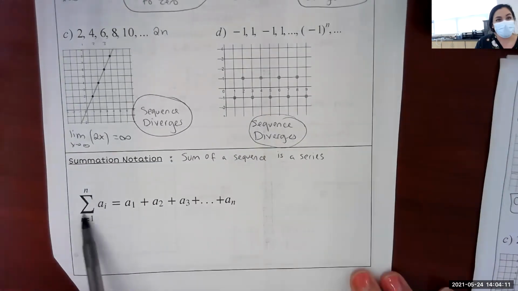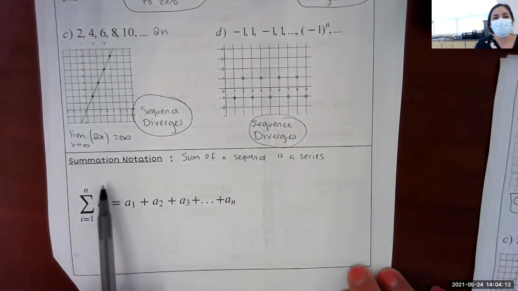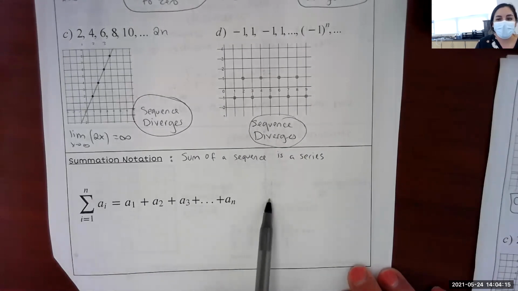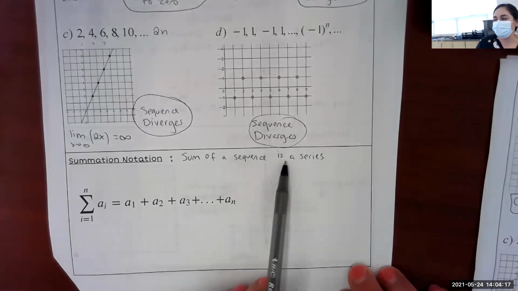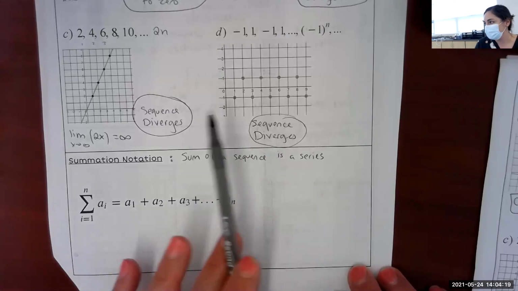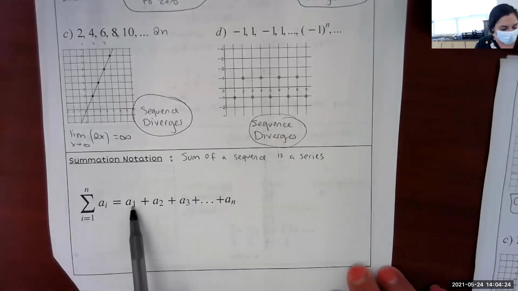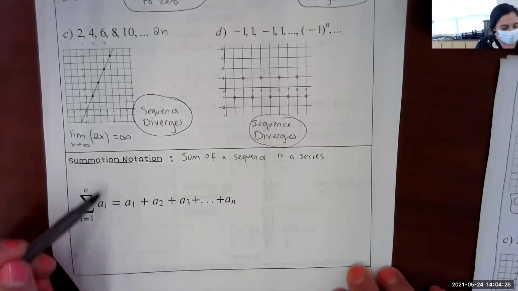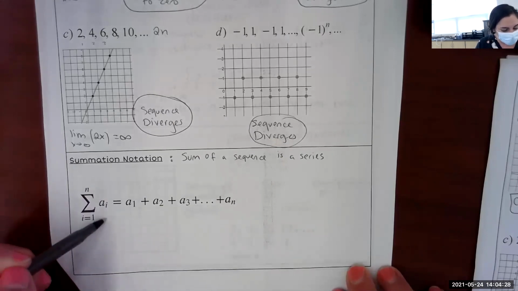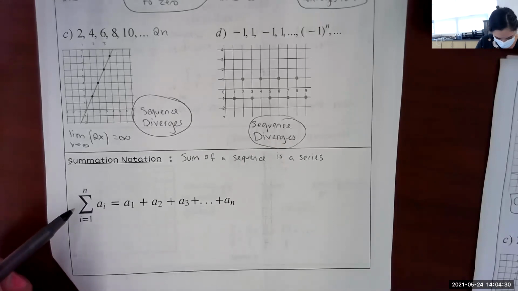We use summation notation to give shorthand for a series, because I could write out 1 plus 3 plus 5 plus 7 plus 9 plus 11 plus, but then it gets so tedious. So this is kind of a shortcut. Instead of writing all this out, we can condense it to a little expression here.